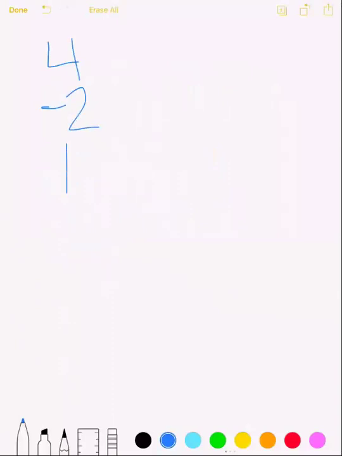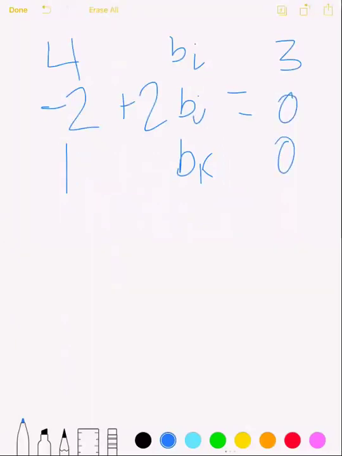And we're trying to figure out what plus 2 times Bi, Bj, Bk is equal to 3i. So 3i means there's a 3 in the first slot. And oh, there's no, I meant j. 3C. Oh, I'm so sorry. It says j. My bad.